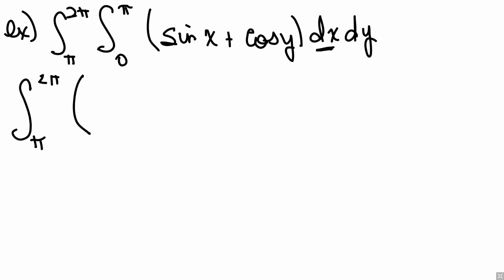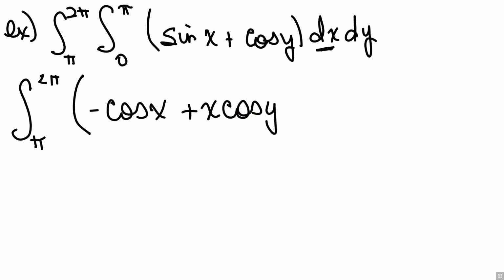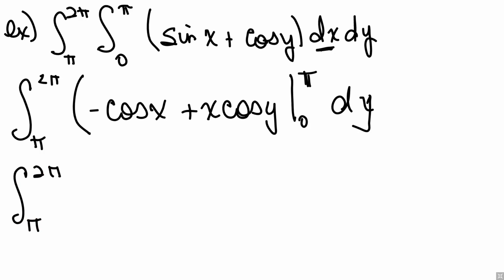Negative cosine x plus x cosine y, and we're going to evaluate that from 0 to pi. And we're going to integrate with respect to y. All right, so when we plug in pi, what values did you get?